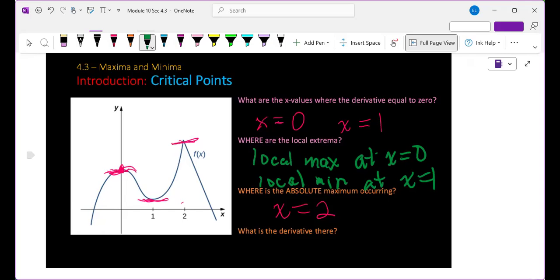But what's going on with the derivative there? So remember, derivative is slope. So like at 0 here, I don't know what the max value is there, but I know the slope at that point is 0. And for x equals 1, I know the slope at that point is 0. At x equals 2, well, if I'm looking from the left side, looks like I'm getting a pretty steep positive.